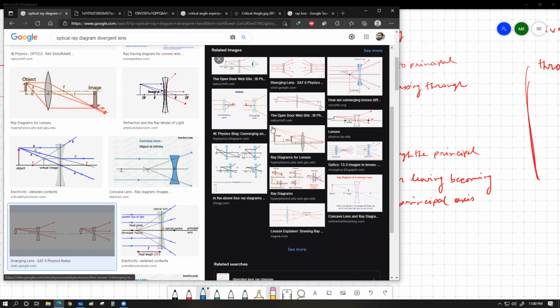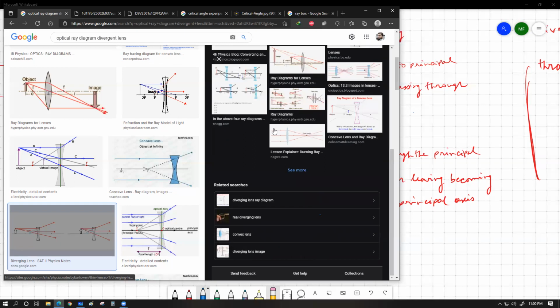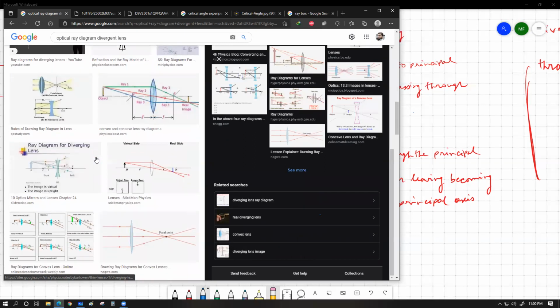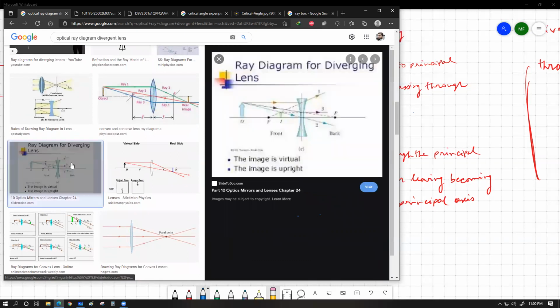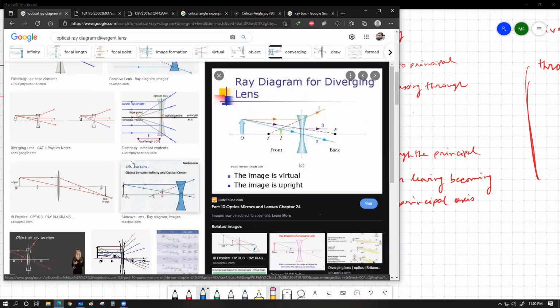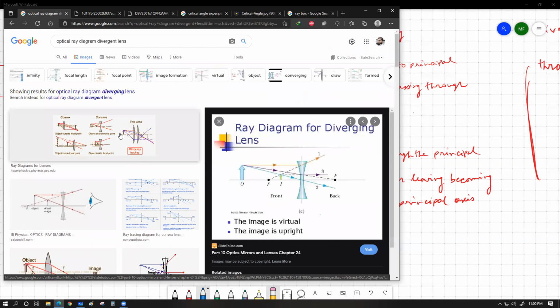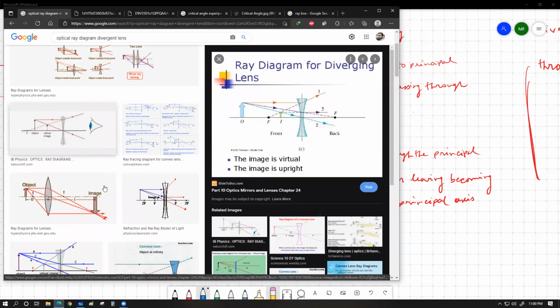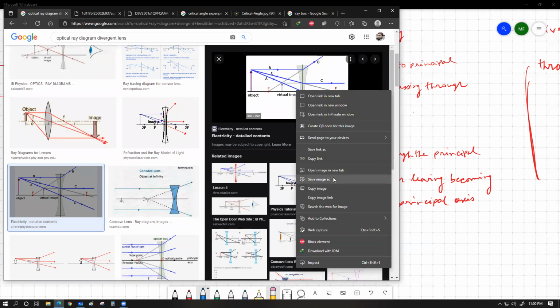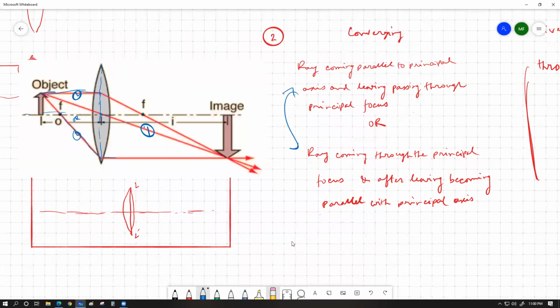Actually, how big is this image? Not so big. How big was this one? Yes, this is the one.